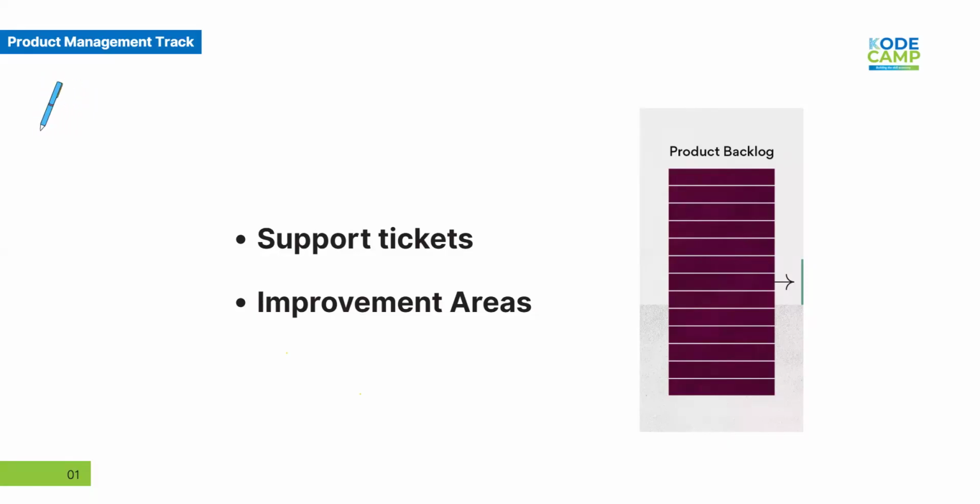Let's say you've shipped your transfer flow, it's working, but users are complaining that they don't know when the money has been received, right? The money they've sent, they don't know when it has been received. Now, that's an improvement story, right? Add delivery status to receipt. That would be the story. Now, show estimated arrival time on transfer confirmation screen.